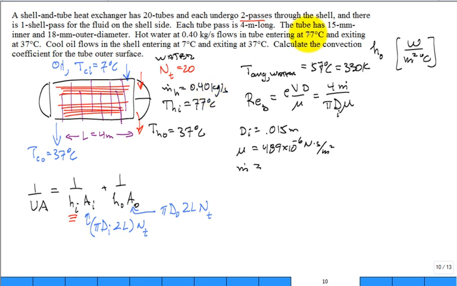The water flows at 0.4 kilograms per second inside the tubes, but it enters at 77. I know that it could be interpreted either way, but it's the total flow for all of them. So the m dot is going to be 0.40 kilograms per second divided by the number of tubes, and there's 20 tubes. So you divide by 20.